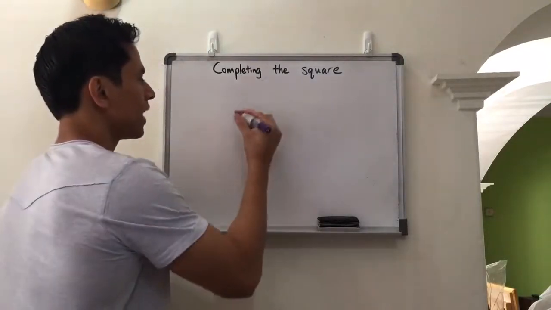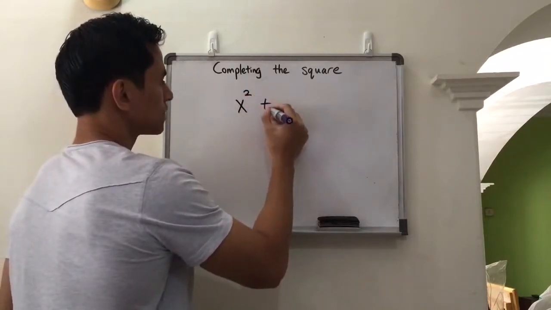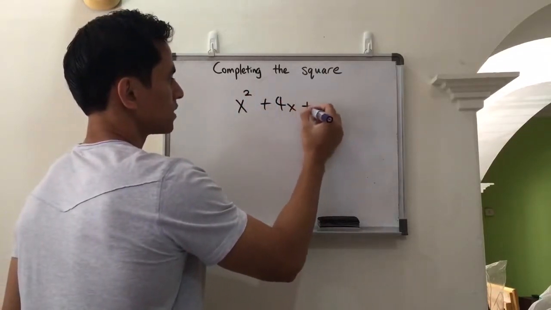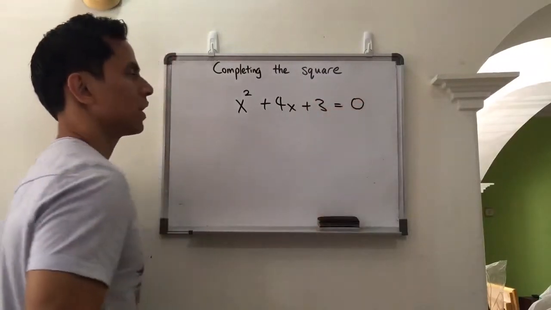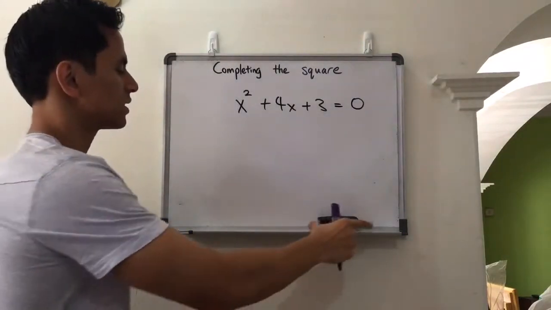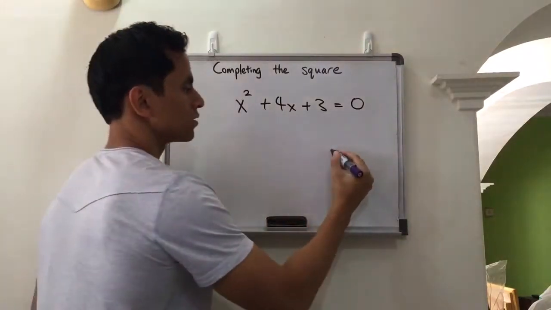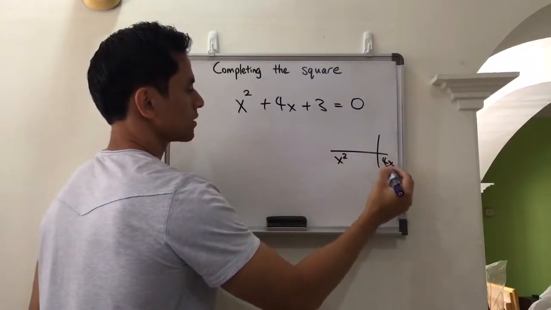Suppose we have x squared plus 4x plus 3 equals 0. Normally, if I use the cross method to solve this, let's do it quickly over here. x squared plus 4x plus 3.